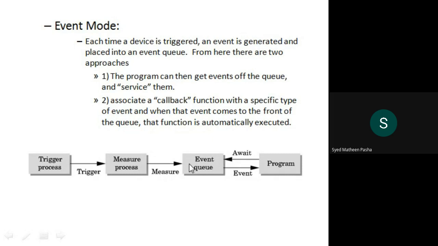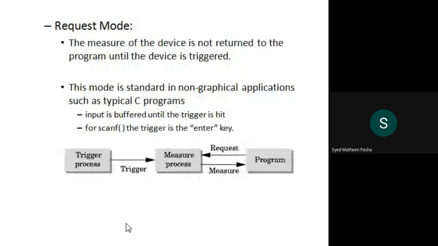It just takes out the event from that particular queue and then services it to that particular program. Or this might be a callback function as well. It will just call back that particular function of that event and then execute that function in the program. So this is about event mode. So these are the three types of modes: event mode, sample mode, as well as request mode.